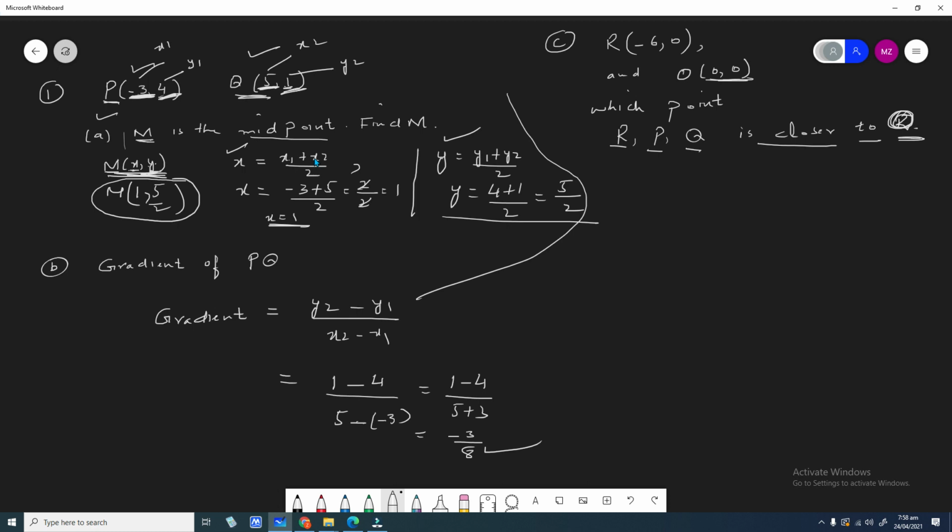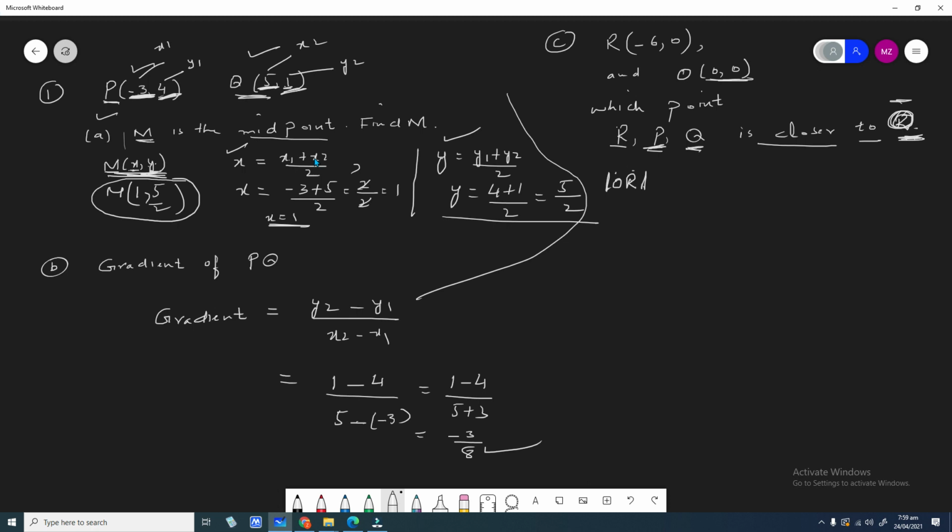So we need to find the distance of R from O, P from O, and Q from O. The distance between O and R is denoted by OR, and these mod symbols denote the distance between the two points.